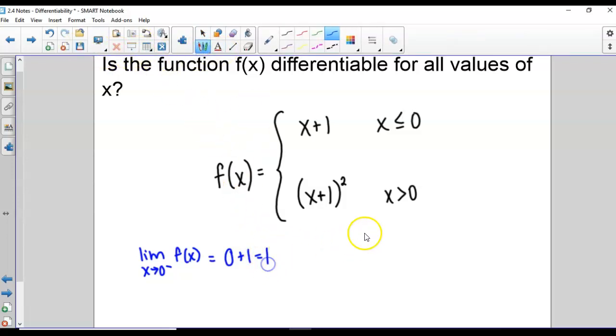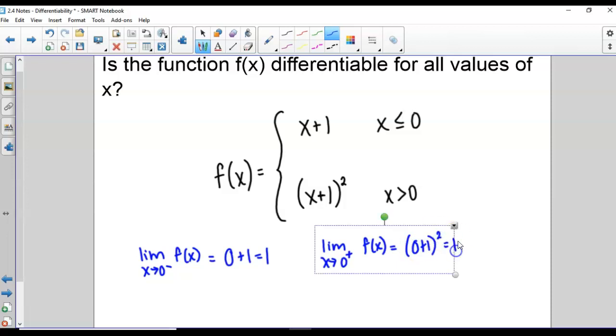And then if we do the limit as x approaches 0 from the right of f of x, that would be 0 plus 1 squared. That's also going to be 1. So this function is continuous at 0.